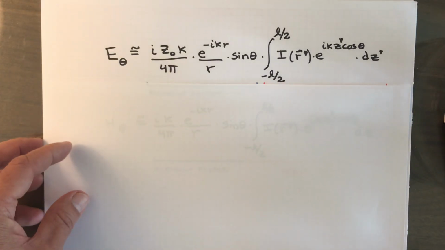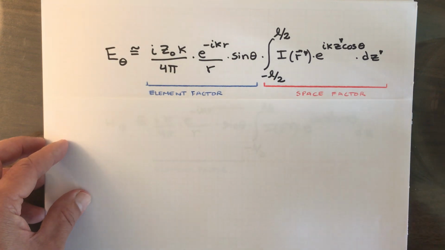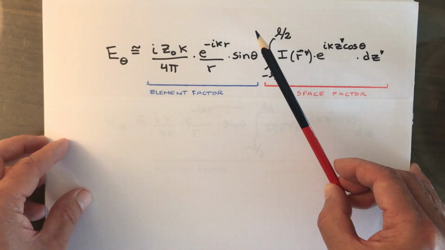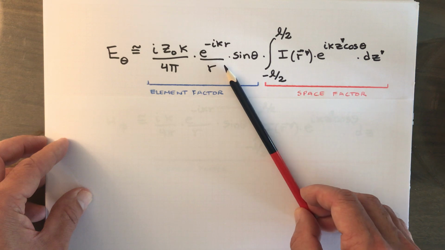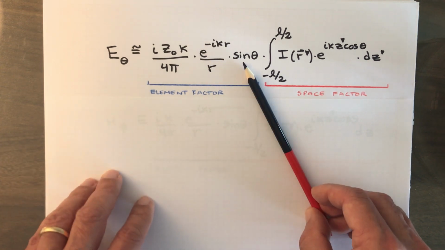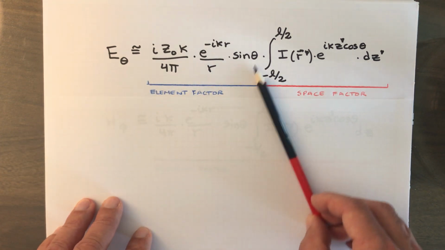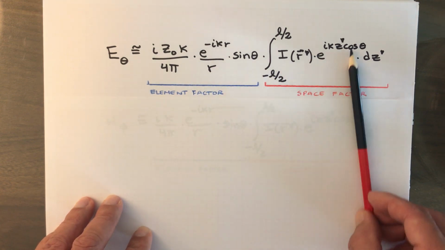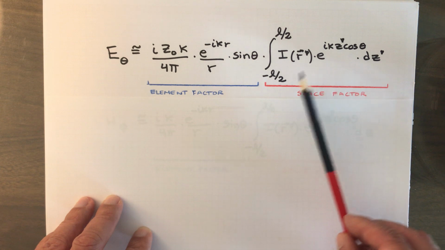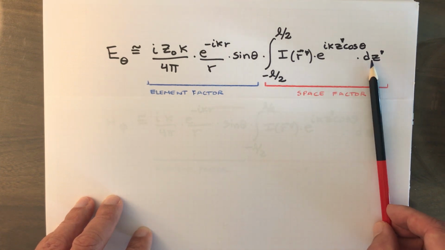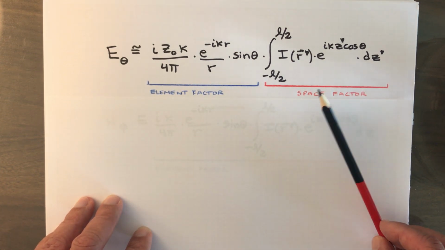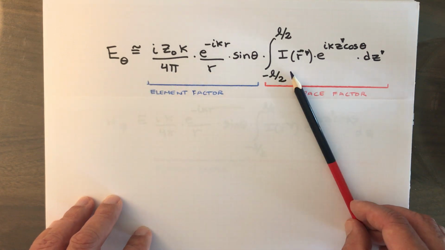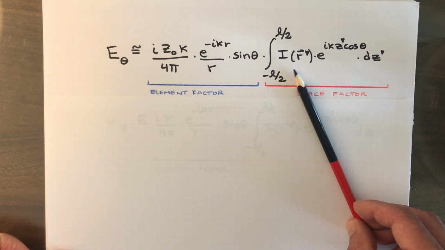So then we can write down again that the electric field total would equal these terms times the r dependence times the sine theta dependence, which we group in the front and pull out of the integral and call that the element factor, and everything with the prime coordinates underneath the integral with respect to dz prime, and call that the space factor. So that then becomes our electric field for the finite dipole.